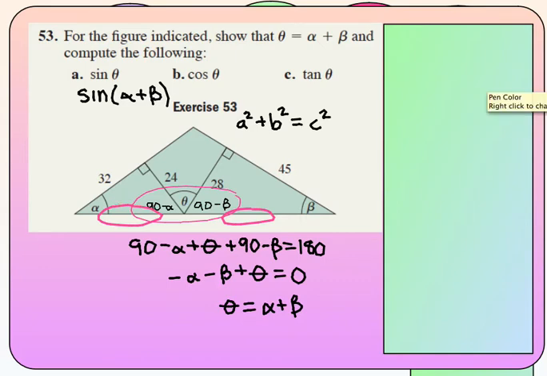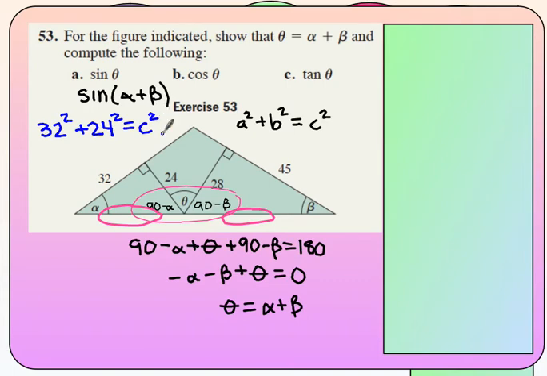So using that math, I'm going to say that I've got 32 squared. Oops, sorry, 32 squared plus 24 squared is going to equal our unknown side length. Let's call it c squared, just for the sake of the Pythagorean theorem.